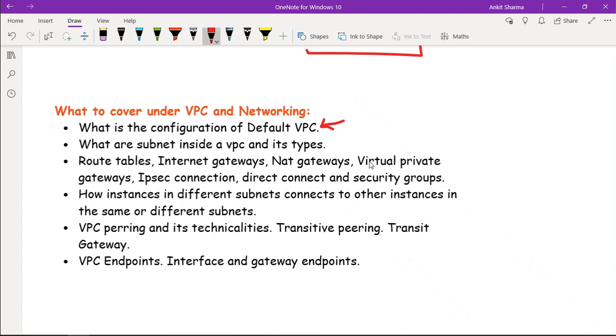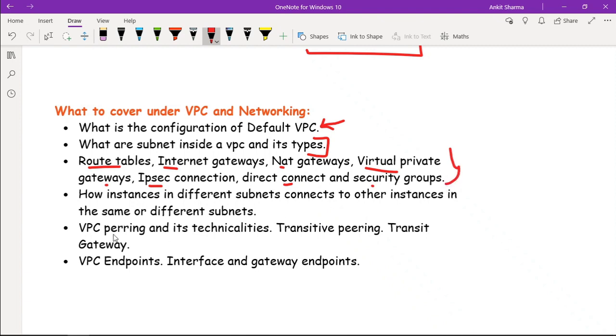So it's always good to understand all the default things. And for subnets, you have to understand what a subnet is, how it is orchestrated when we form private and public subnets. All these are components of our VPC, and they are really important. You have to understand all such components.